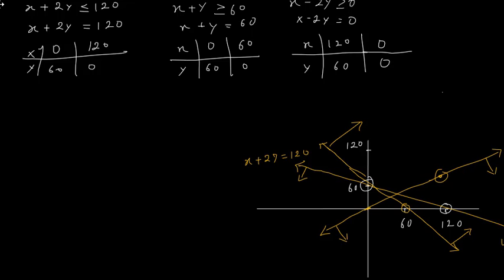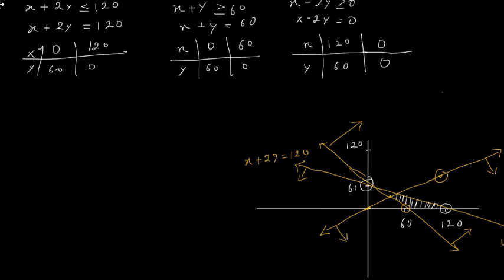So now I have 1 point, 2 point, 3 point and 4 point, and the required area which I have to find is this area. Means this is the feasible region. Okay, shaded region is the feasible region.